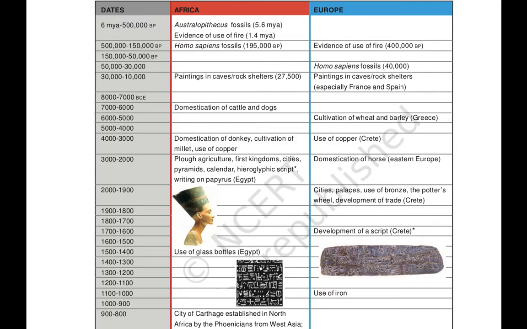In Europe, evidence of use of fire. This information is mentioned in a tabular format. So there are 3 columns. In one, dates are there. Then second, Africa. Then in the third column, there is Europe.